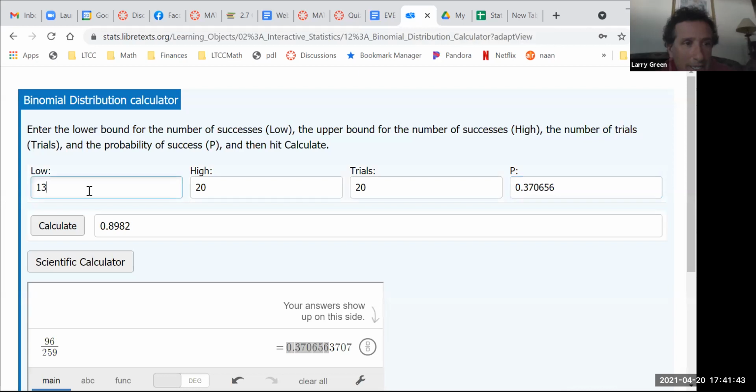The low is 0, the lowest number that's less than or equal to 8. 8 is the high. There were 16 patients. Hit calculate. 0.9064. You might get something slightly different if you carried fewer decimal places for your P. I just copied and pasted a bunch. Any questions on this idea?